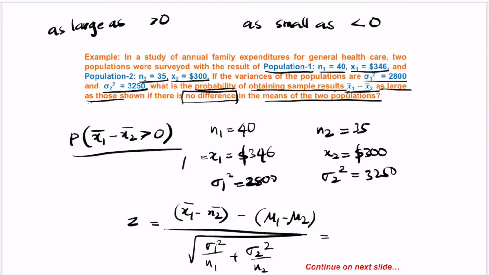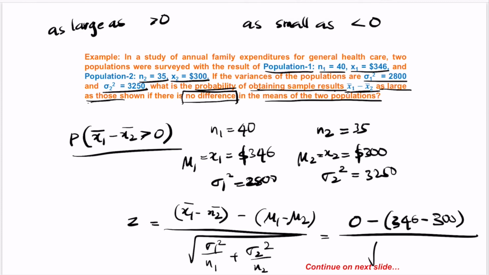So here mu1 and mu2 are the population means, so we don't need to write them again and again. So x1 bar minus x2 bar is 346 minus 300, over the square root of 2800 by 40 plus 3250 by 35.